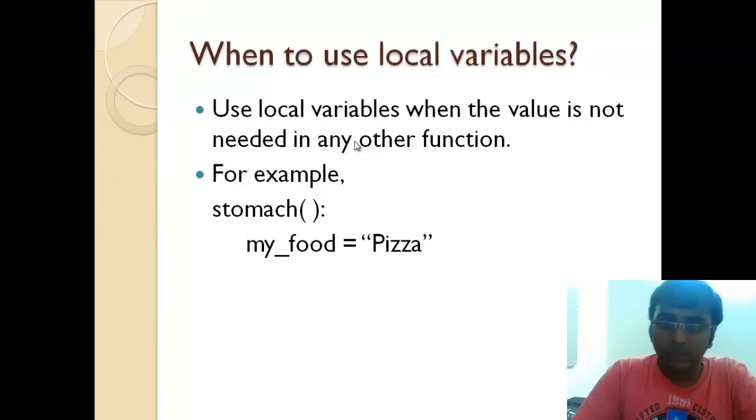So when to use local variables? Well, we should use local variables when the value is not needed in any other function and it's only needed in one function. So for example, let's consider a very funny example. Say I have a function called stomach, say it's my stomach. So obviously in my stomach, I would eat food.